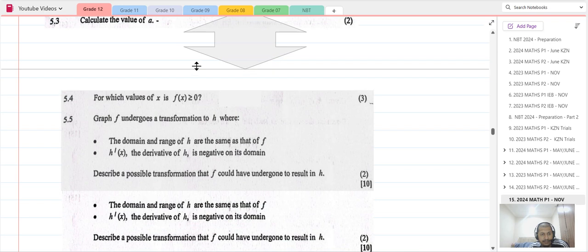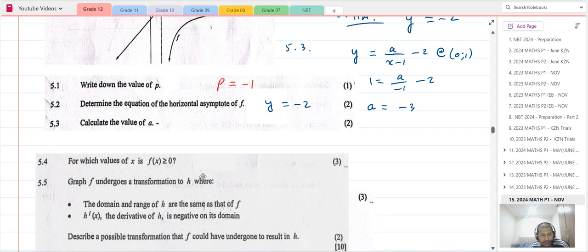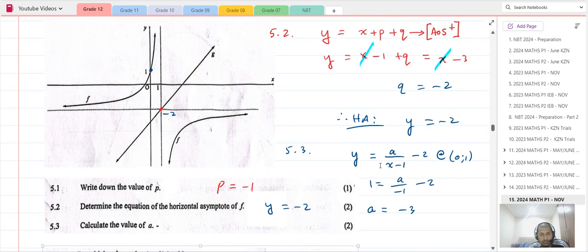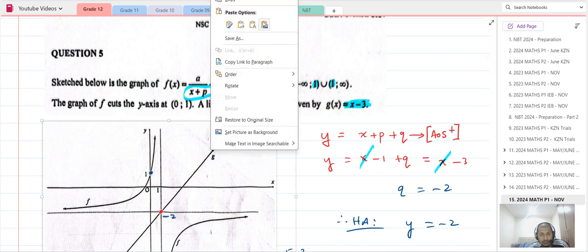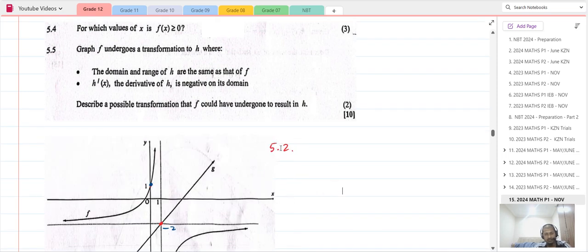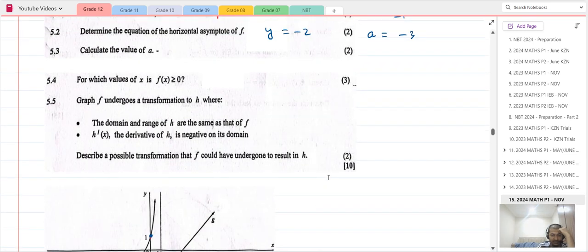Right, so moving on to the next question. For which values of x is f of x greater than or equal to 0? So when can we find f of x greater than or equal to 0? Let's copy this and solve it here. When is f of x positive?